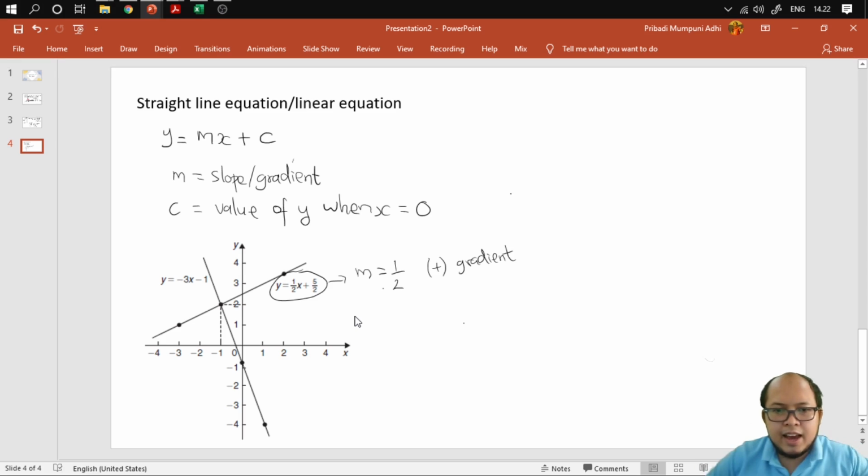And this line has this point, when x equal to 0, the y value is 5/2. So this point has the coordinate of (0, 5/2) because the c is equal to 5/2.